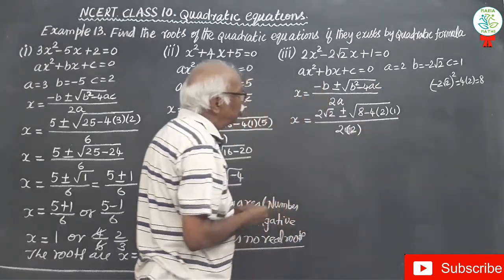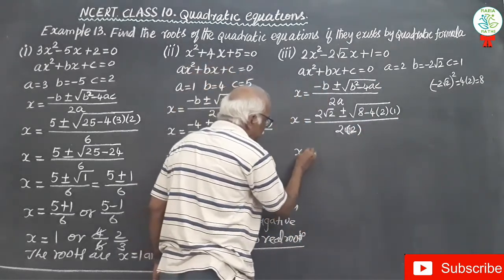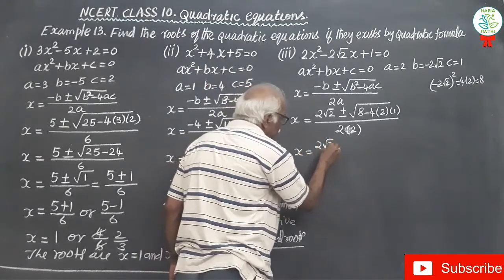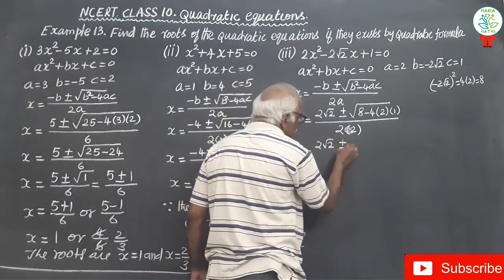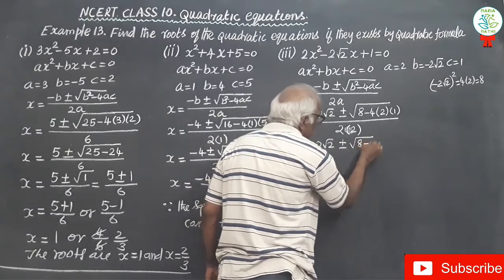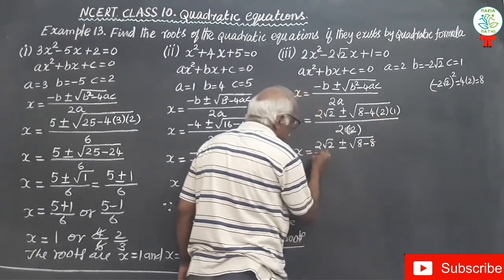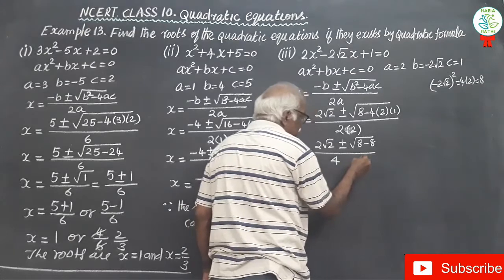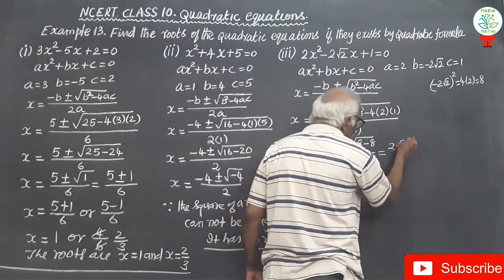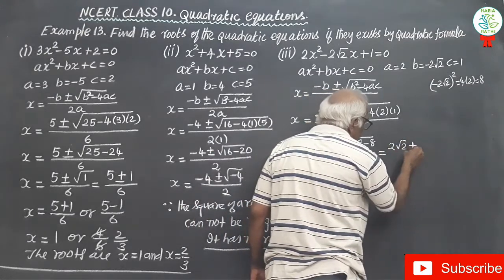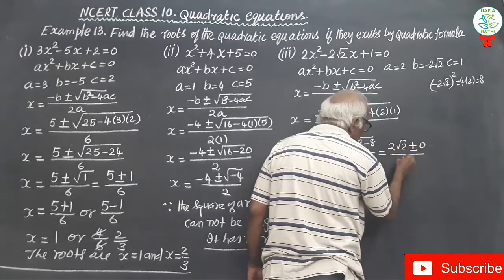2 into 2. x is equal to 2 root 2 plus or minus root of 8 minus 8 by 4, which is equal to 2 root 2 plus or minus 0 by 4.